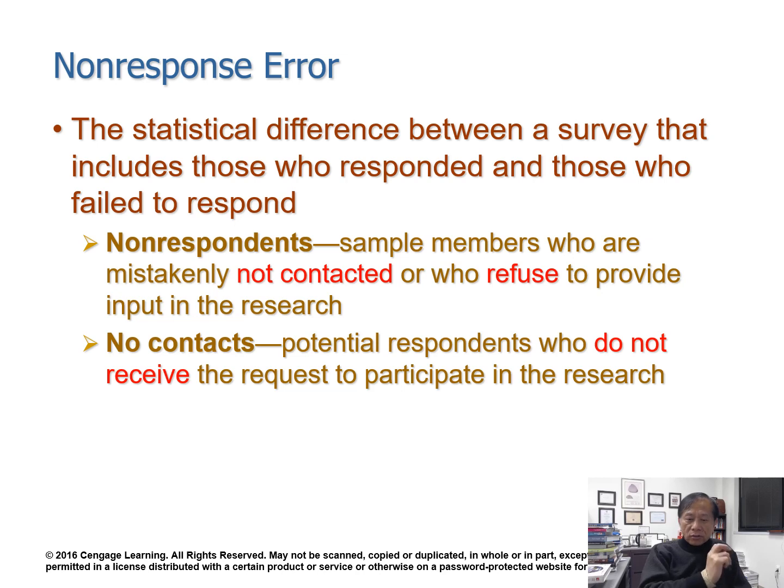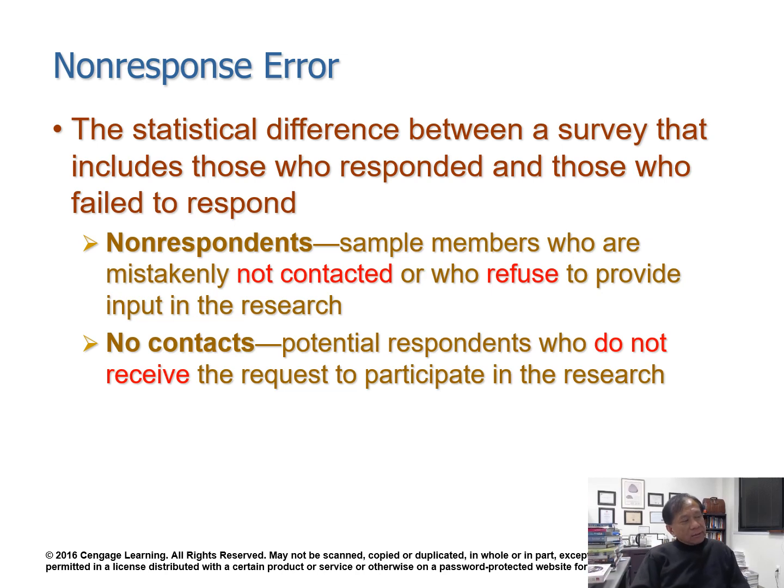And it shows that there's no significant statistical difference between the first batch and second batch. Therefore, I can reasonably assure and tell my dissertation committee that I do not have a non-respondent error. Okay? They were happy with that.